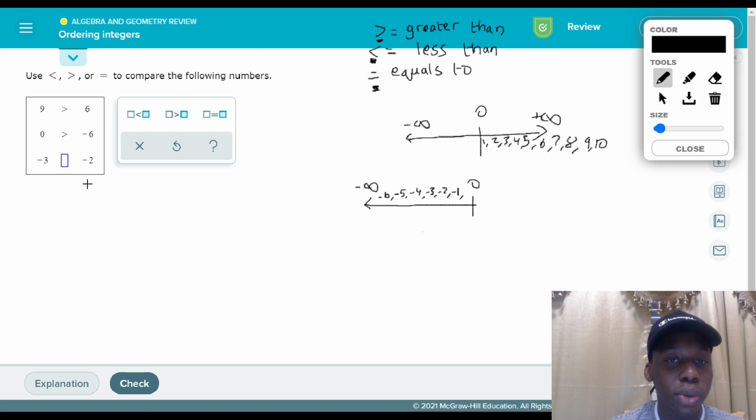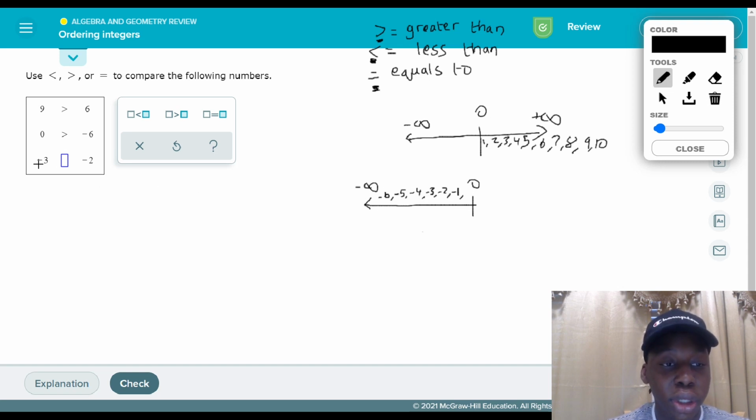So 3 comes before 2, and 2 is closer to 0 than 3. So based on that, -2 is closer to 0 than -3.